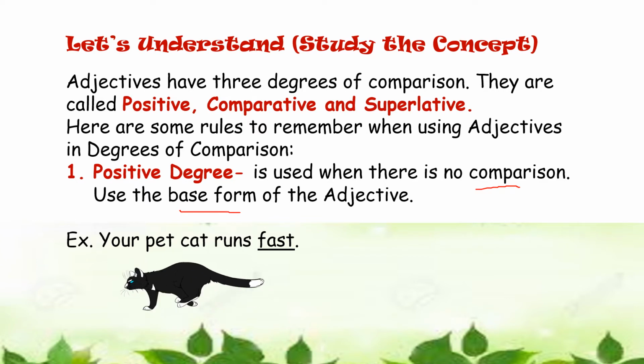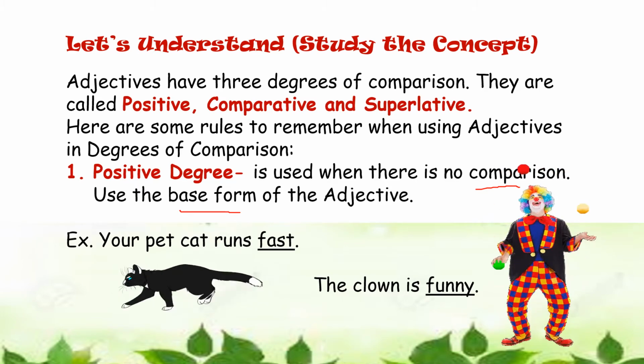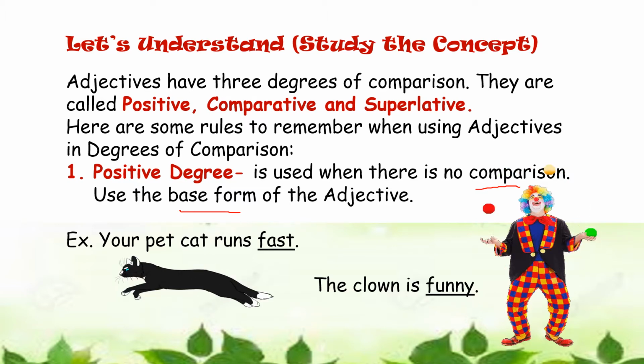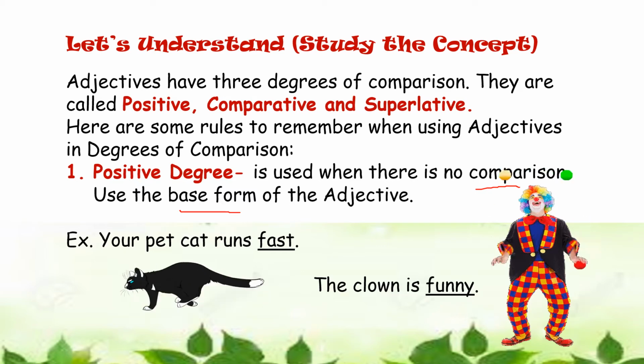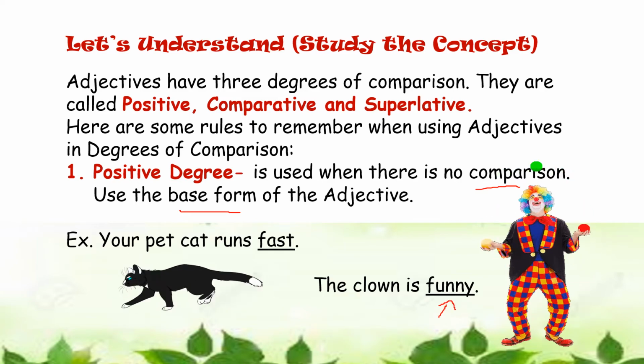Next example, the clown is funny. So it means the clown is not being compared with anything else. There is no comparison that happened. So the adjective is in the base form, which is the word funny. Okay, so that is our example.